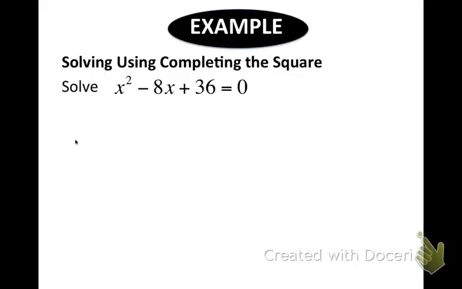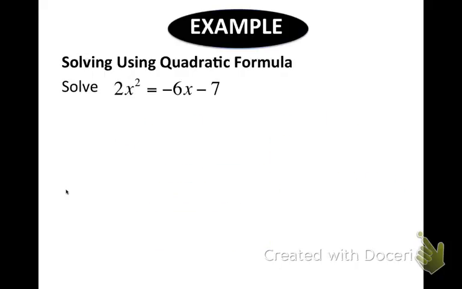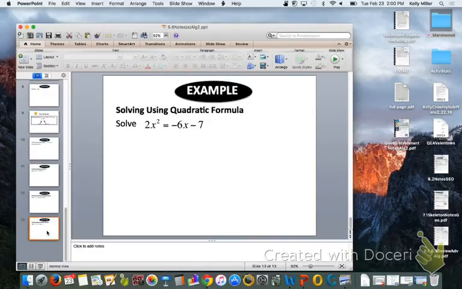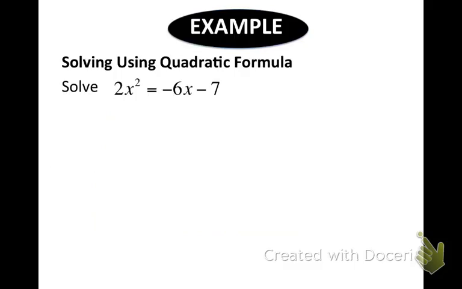Let's do a quadratic formula. Two x squared minus 6x. This is the last one I have for you. Minus 7. Are we going to move everything to the left or move everything to the right? Yeah, move everything to the left because your x squared is positive.